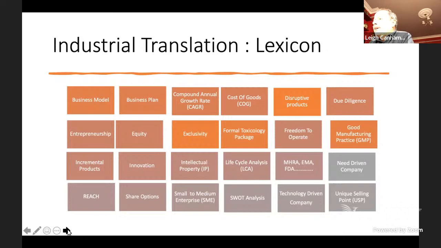So, for example, there are incremental products where you're just trying to improve the performance of an existing product. Or there are what's called disruptive products. And these disruptive products tend to be a lot more novel, higher risk, potentially much higher reward.